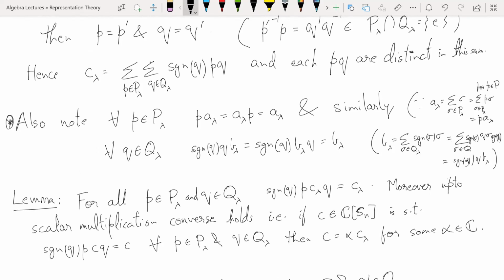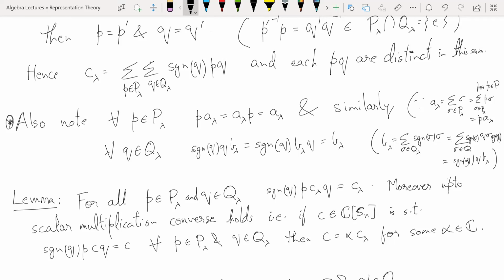I can put sign of q here or the other way, it doesn't matter. This is the same difficulty level as the previous one. This is not bad, but the converse also holds. That is the difficult part. That's where Sn comes in. So moreover, up to scalar multiplication, the converse holds.